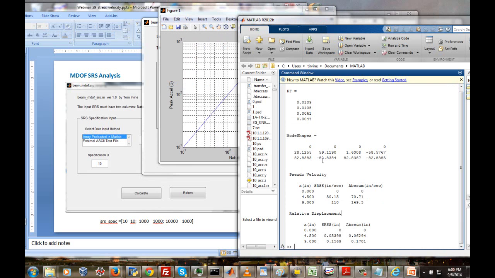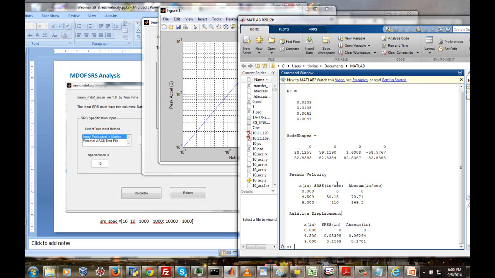And we see the participation factor shown there. Our mode shape is here, and the mode shapes are shown in terms of the 3 coordinates: the fixed end, the midpoint, and the free end. Then the pseudo velocity at each of the 3 locations: the fixed end, the mid location, and the free end.